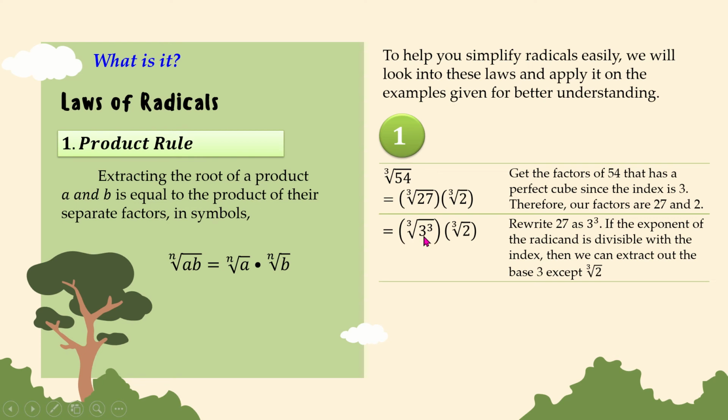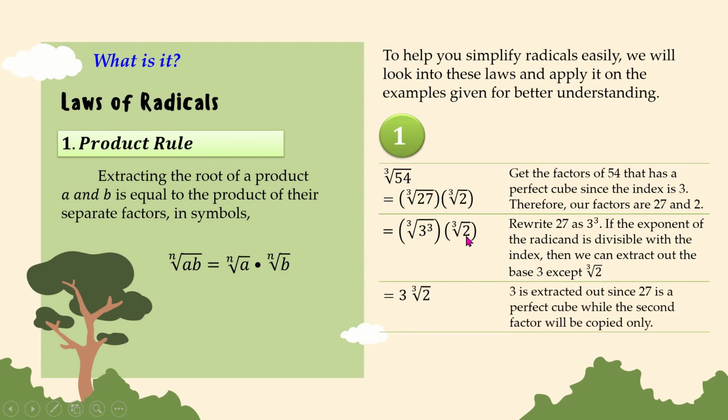So, the base 3 comes out. Then, the second factor, cube root of 2, cannot be simplified because there is no cube root of 2, right? And 2 is neither a perfect square nor a perfect cube. So, therefore, the cube root of 2 remains. So, we have it there, the final answer, 3 cube root of 2. 3 is extracted out since 27 is a perfect cube, while the second factor will be copied only.